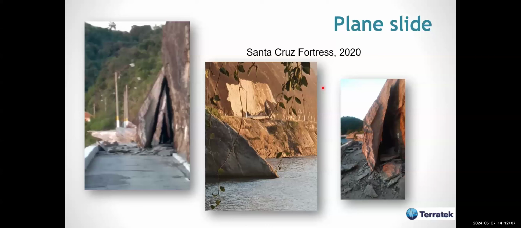And in 2020, four years ago, this failure took place. This is a place I used to cycle, so a very dangerous one. I'm happy that at this time I wasn't there. That was a big plane slide in which a big wedge slid.